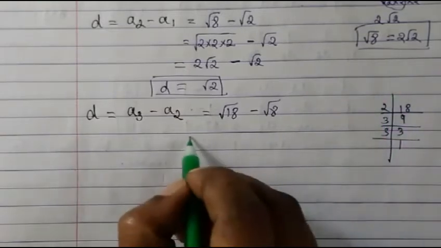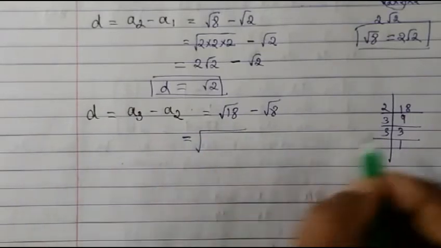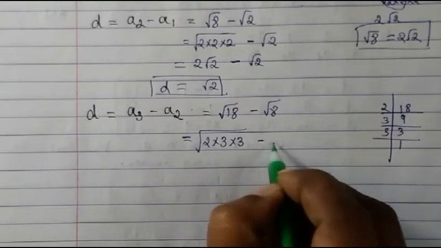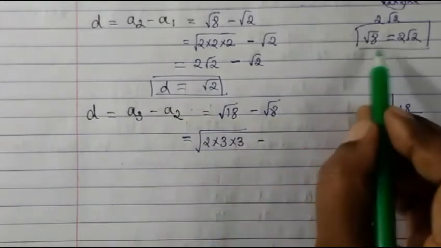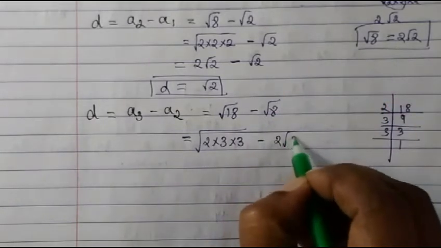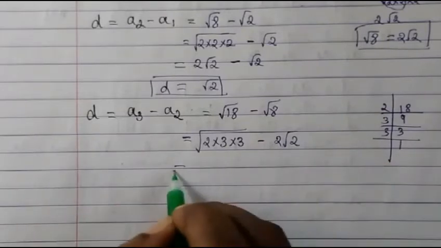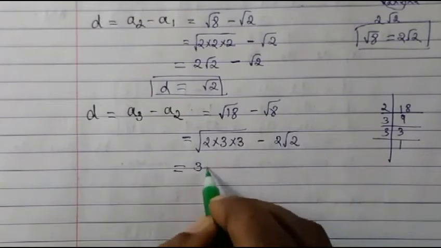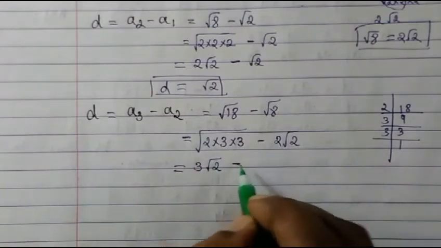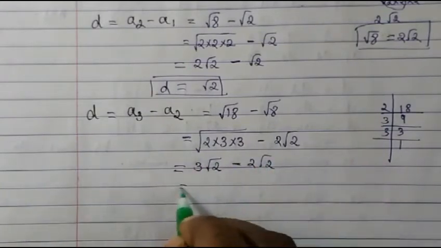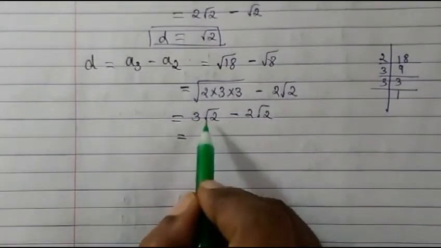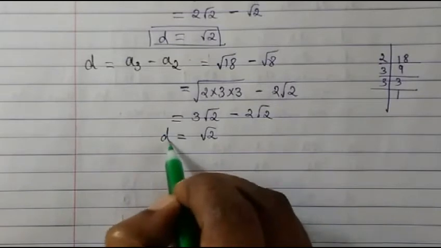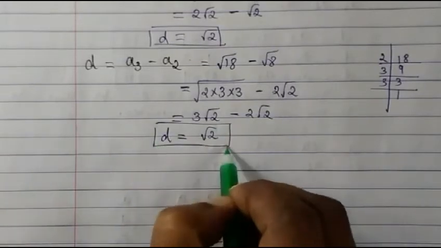So root 18 can be written as 2 into 3 into 3. Minus root 8, which can be written as 2 root 2, right? Here pairing is there, so 3 will come out and root 2 will remain inside. Now this minus 2 root 2. If you see, 3 times root 2 minus 2 times root 2 will give us 1 times root 2. So this is our d value here.